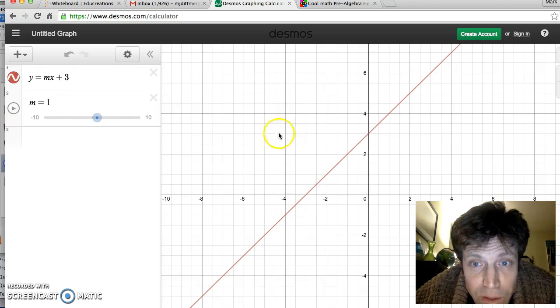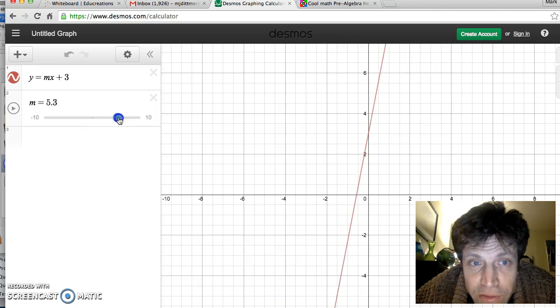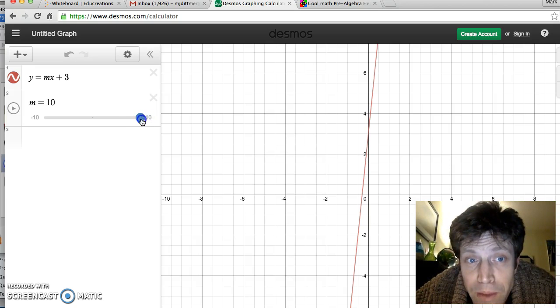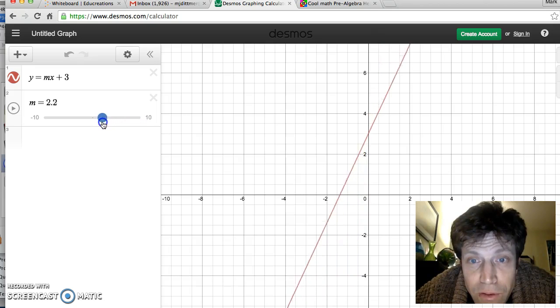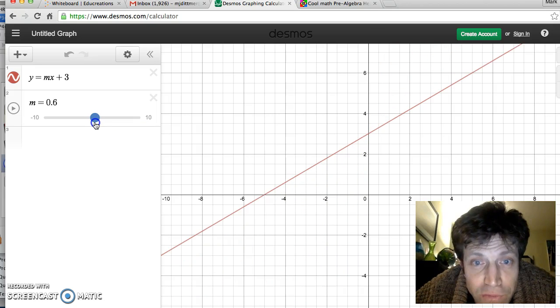So there it is with y equals 1x plus 3, but you can see by moving the slider, as the slope gets bigger, the line gets steeper. It goes all the way up to 10. It could go higher in theory, but this application only goes to 10. And if it gets lower, there it is at 1. Then between 1 and 0, these are fraction slopes.